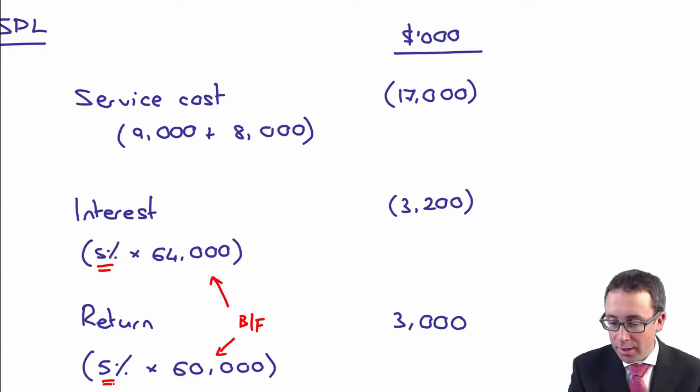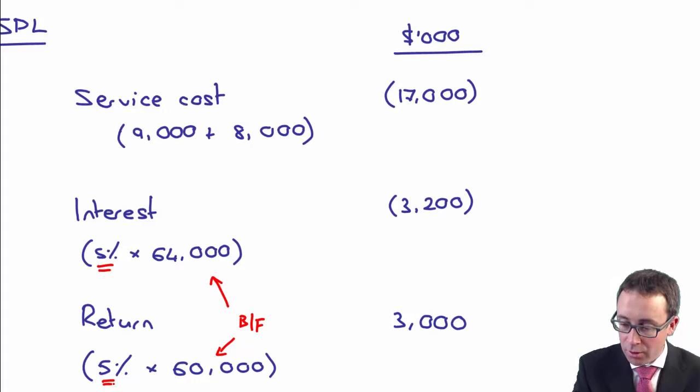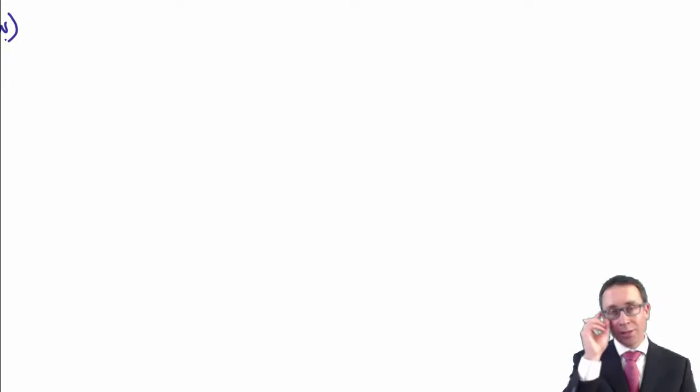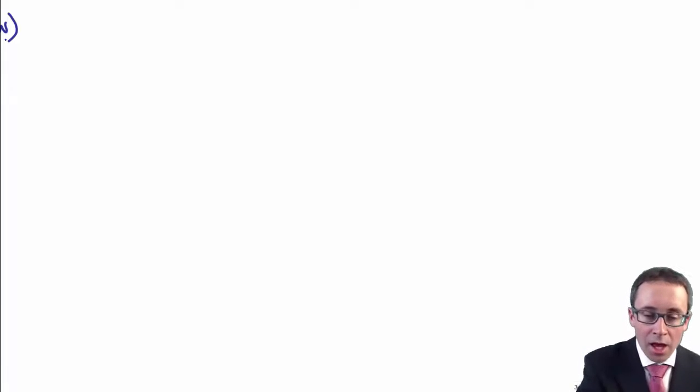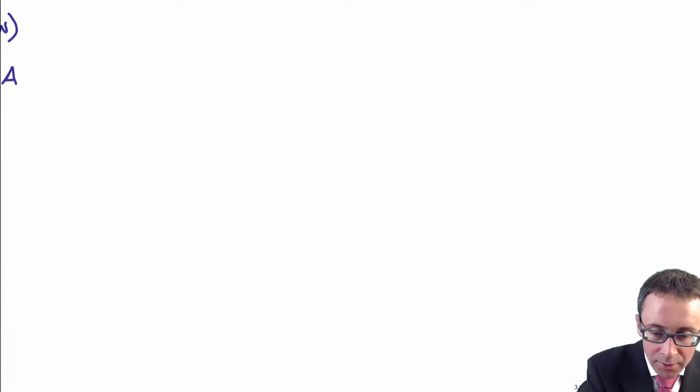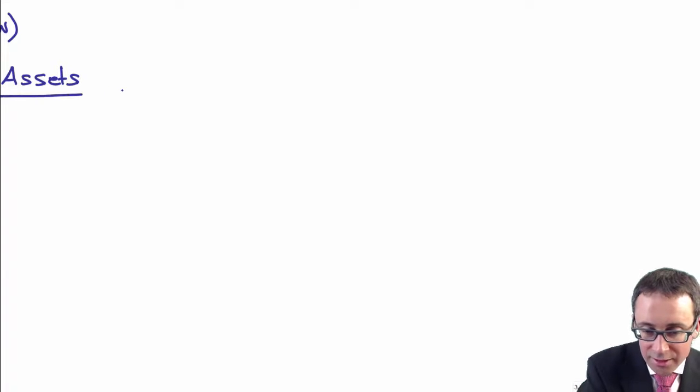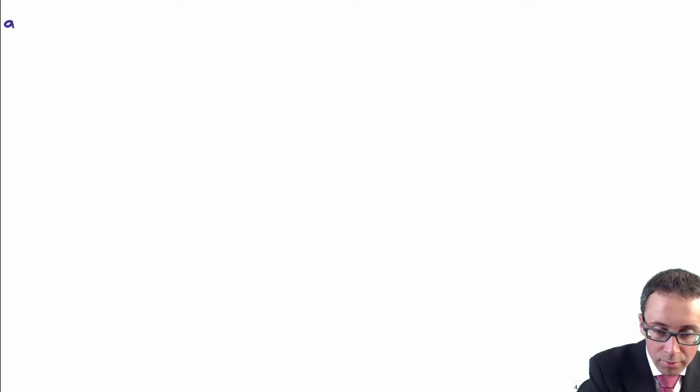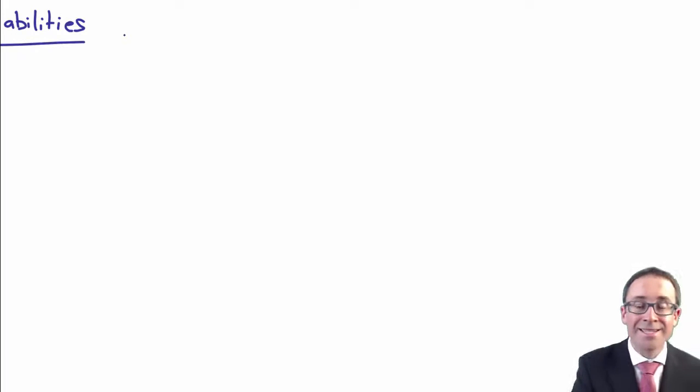What we'll need to put in as well in a moment is your other comprehensive income. So to think about OCI, that's where you need to look at the remeasurement component, the gains and losses. I will have two separate pages, one to look at the assets and one to look at the liabilities.